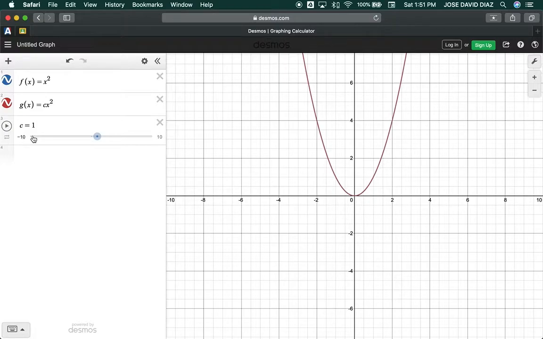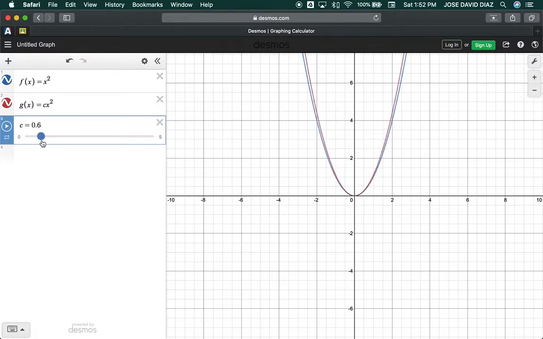Now we don't want it to be negative, so I'll click on this little number, this little 10, and this comes up. I'll place it from 0 to 10, that's going to restrict those values, and let's make it to 5. So if it's 1, it's the same. If it's bigger than 1, it's going to be a vertical stretch.